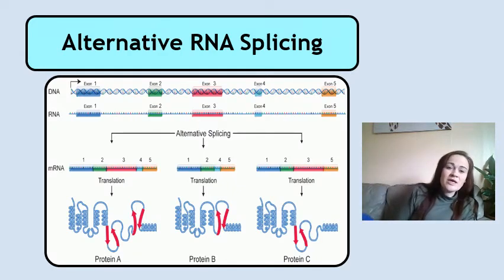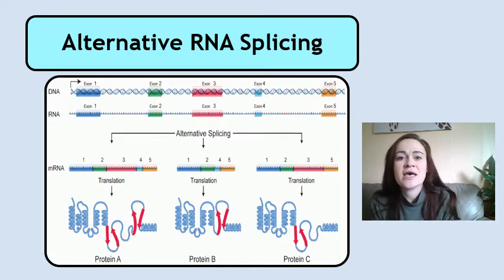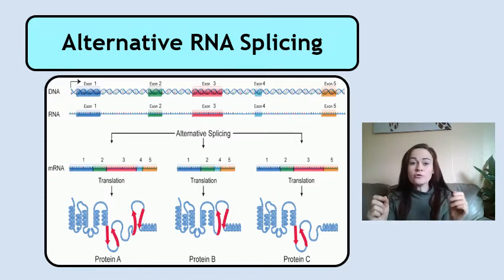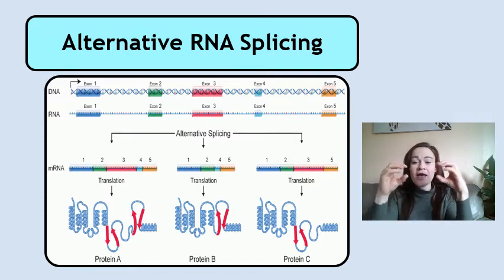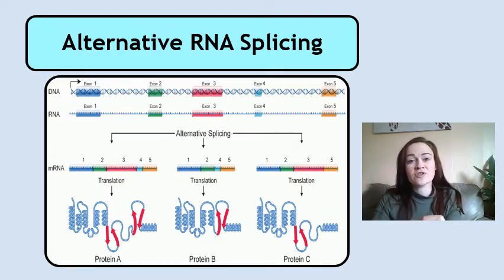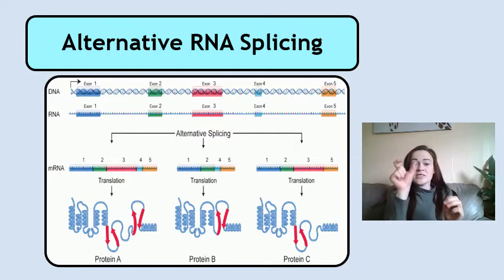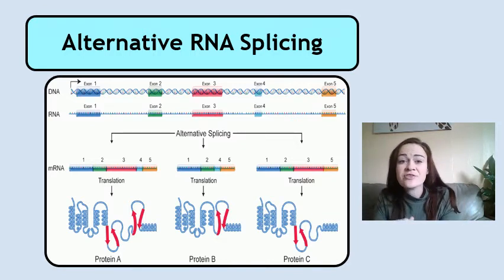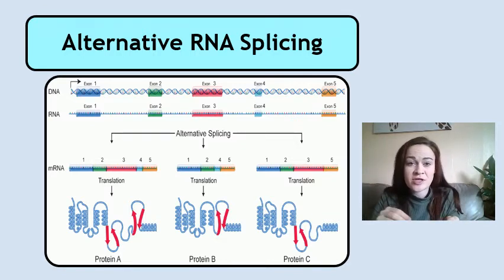Remember, when we get to RNA splicing, our messenger RNA is split up into introns and exons, and all those introns are removed and all the exons are joined together, and it's only the exons that go forward for translation. Alternative RNA splicing is when different sections of the messenger RNA are treated as introns and exons in one instance, but in another instance, it could be different areas that are the introns and the exons.